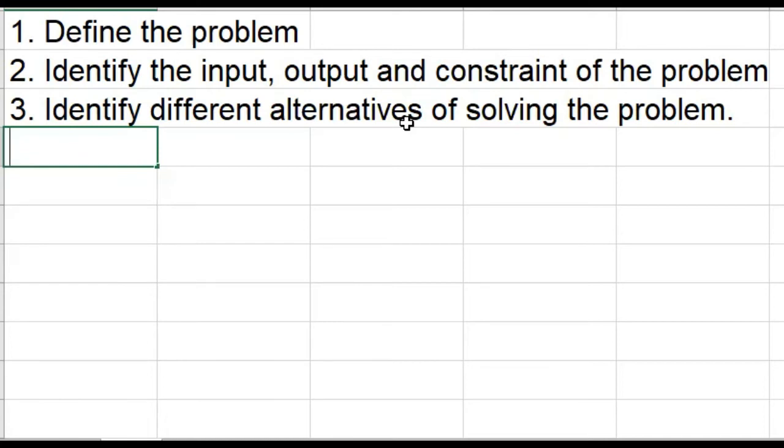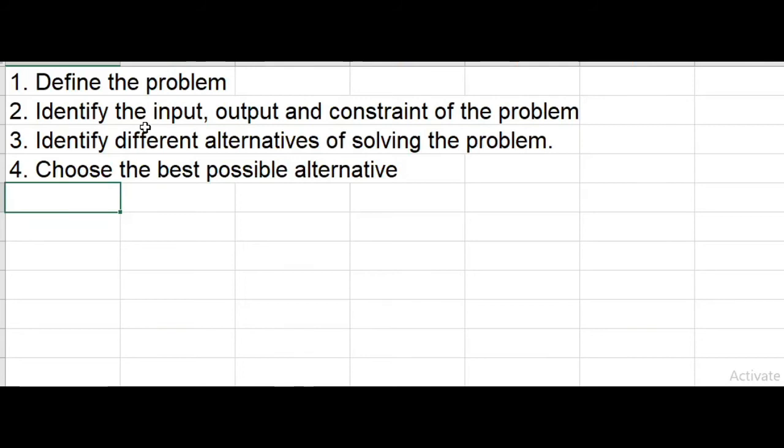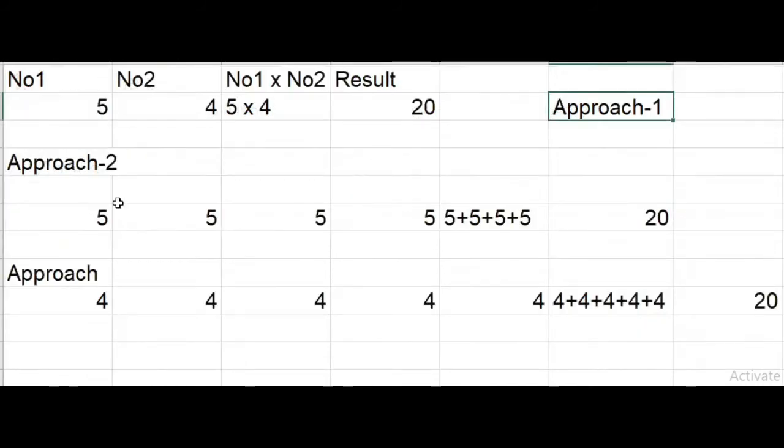Now in the next step we are going to find the best approach, and according to that we are supposed to code. So out of three in the last example, we selected the first one as best because the number of steps to solve that problem was less than the other approaches. So we have selected approach number one here.